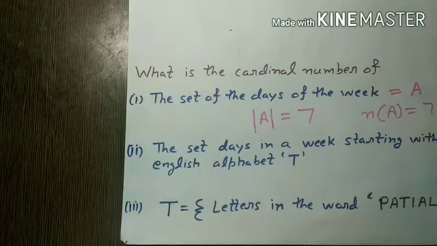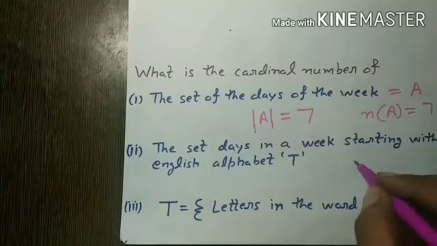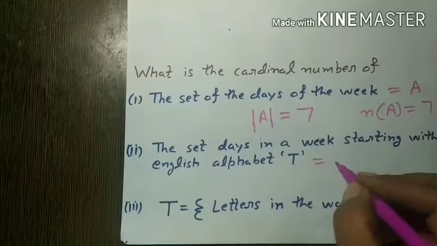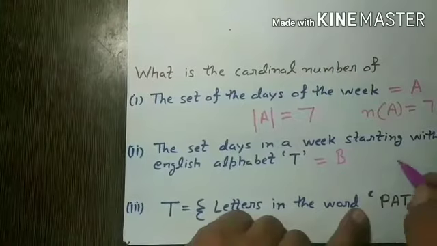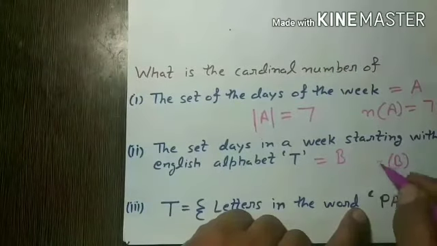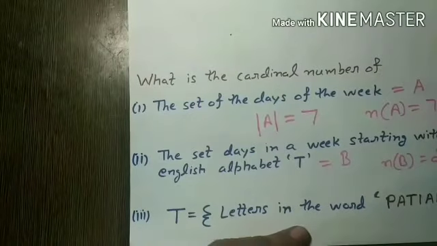Thursday, Tuesday only. Okay, so how many days are there? Only 2 days. These are the members. If the set name is B, then how many members are there in B? This is 2. Okay, because the members are Tuesday and Thursday.